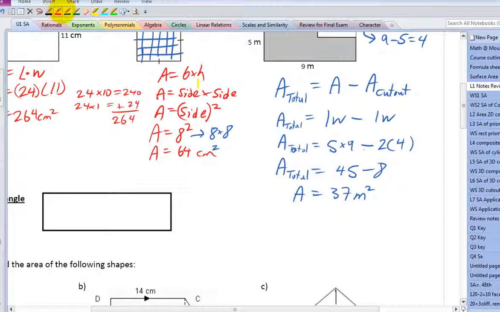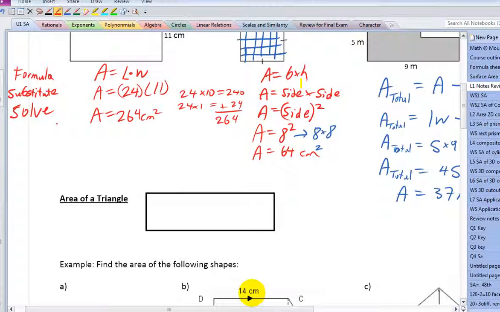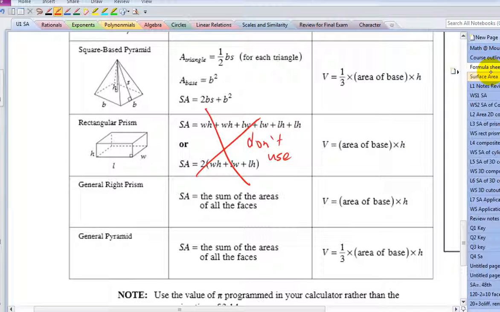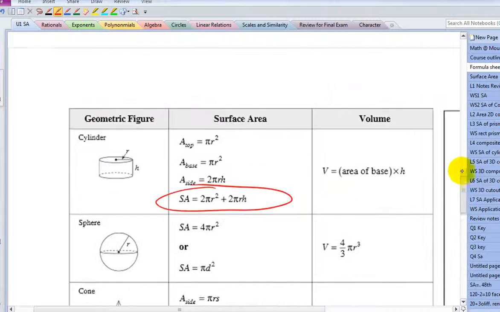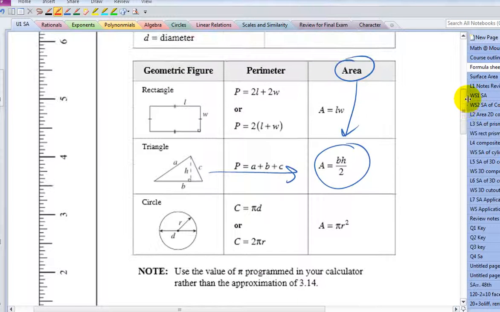Okay. Good. Triangles. What's the formula for a triangle? Have a look in your formula sheet, folks. So, good.